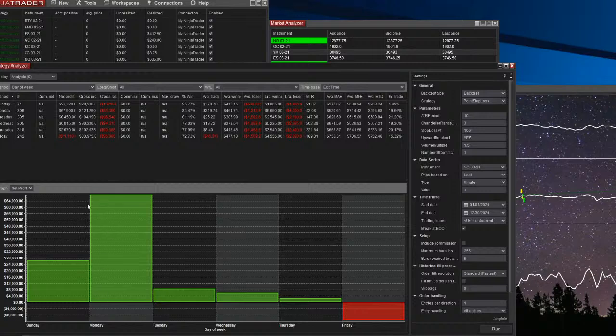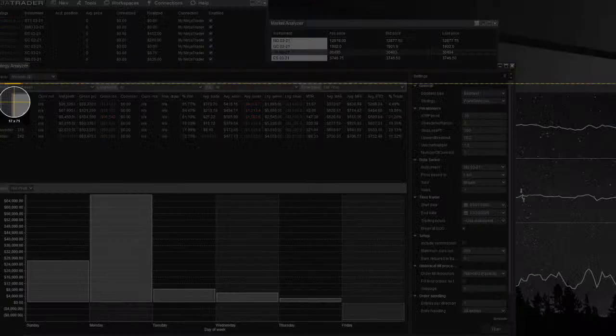If you just traded NQ on Monday, you would have made most of your money there. $64,000. Holy hell. Think about that. That is important knowledge. $68,000 just on Mondays. That's important.